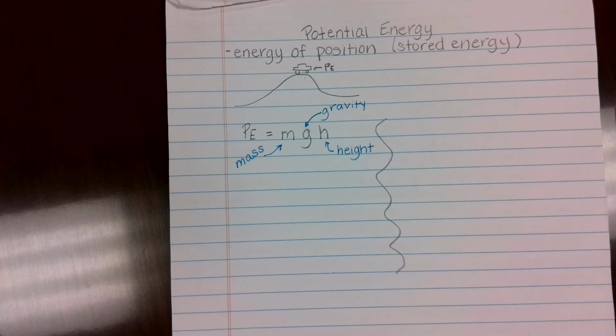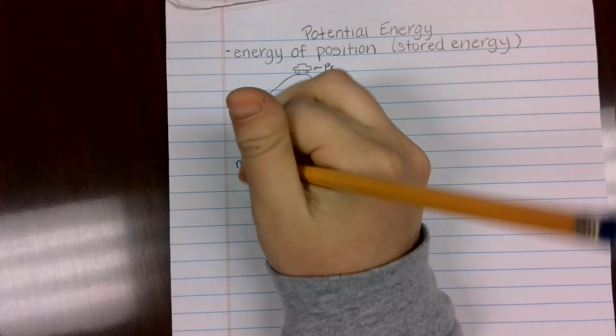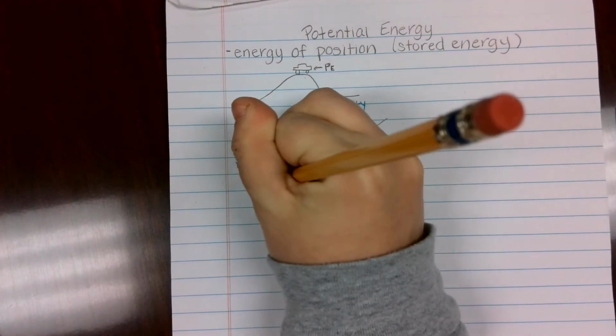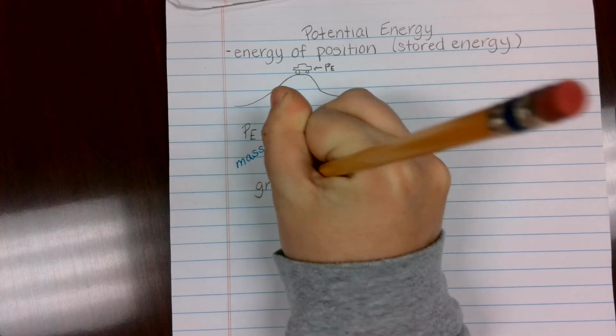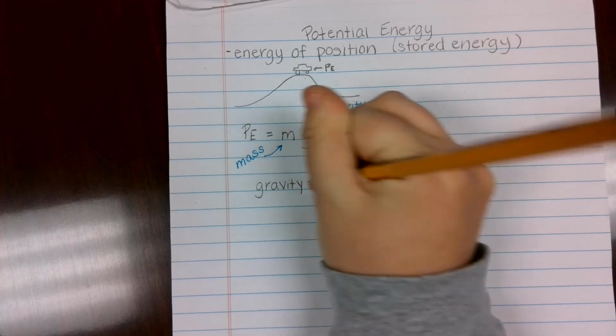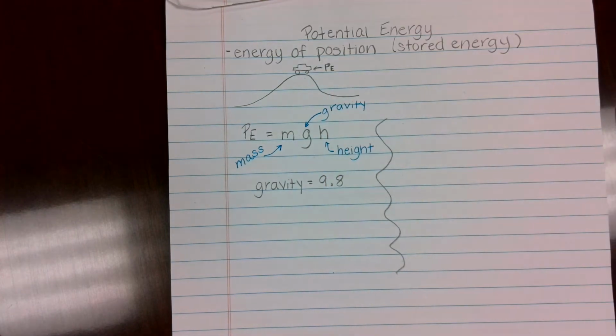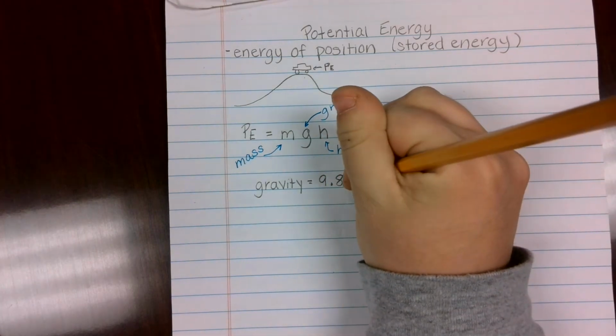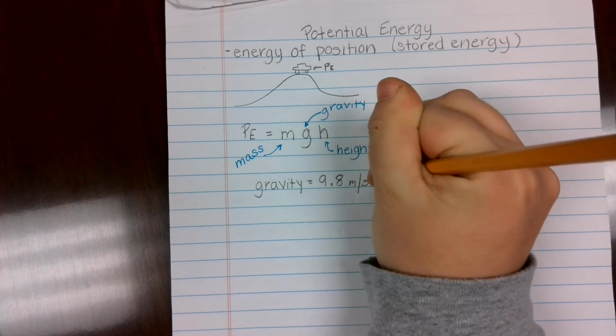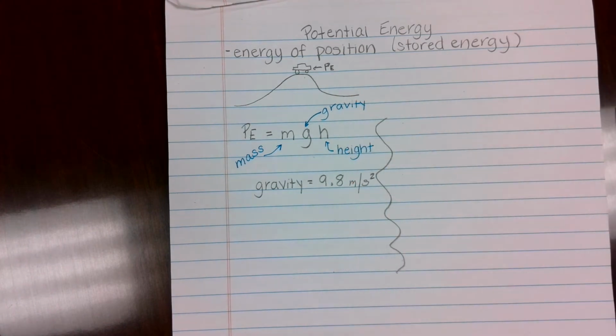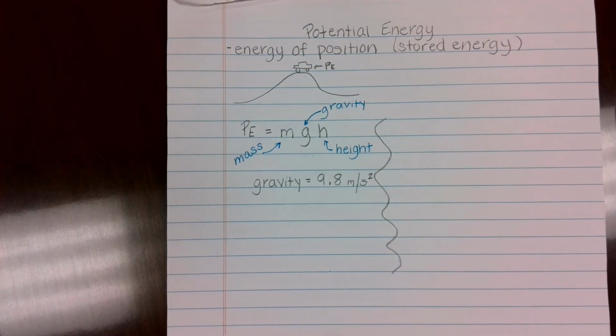When I solve using this formula, my gravity for these purposes is always going to equal 9.8. And I always want to make sure that I put my units on there: 9.8 meters per second.